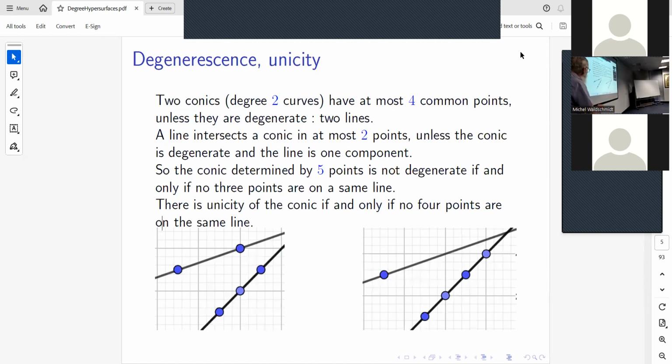When is such a conic passing through 5 points degenerate? It means that on one line you have 2 points, and on the other line you have 2 points. But if you intersect a line of degree 1 with a conic of degree 2, the number of intersection points is 2, unless it is degenerate.